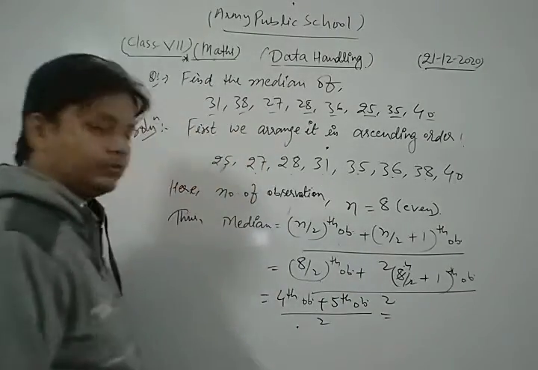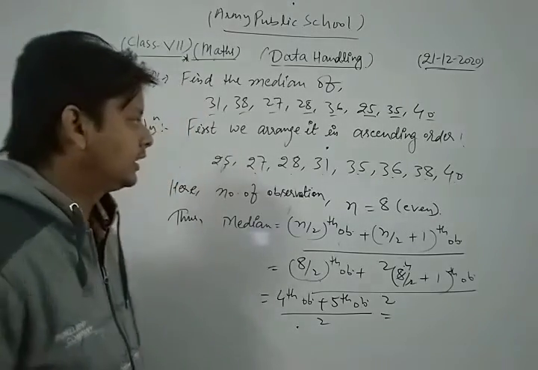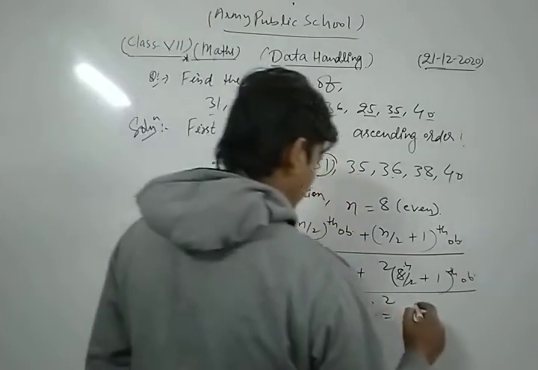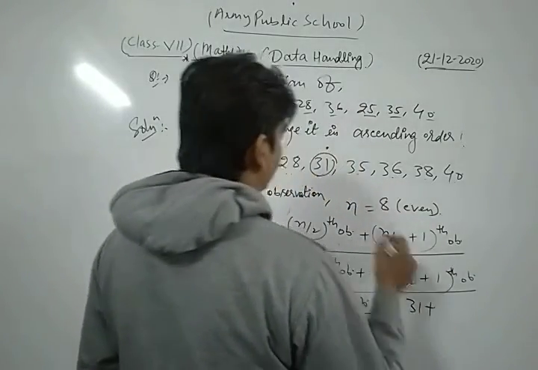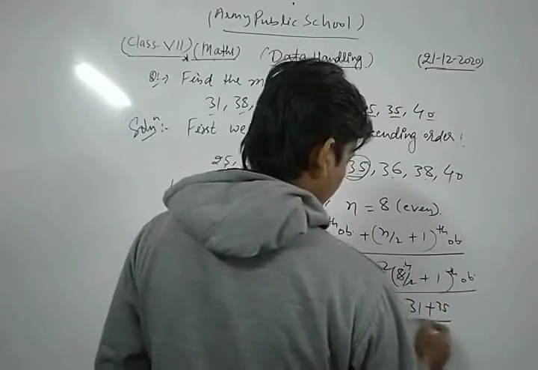Now look, what is the value of the 4th and 5th observation in the given data? 1, 2, 3, 4: the 4th observation is 31, plus the 5th observation, 35, divided by 2.